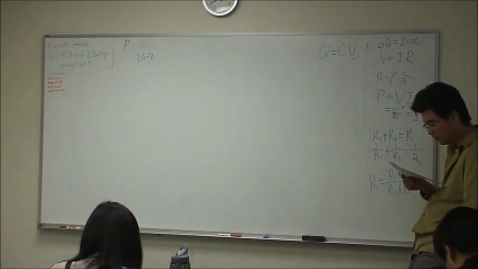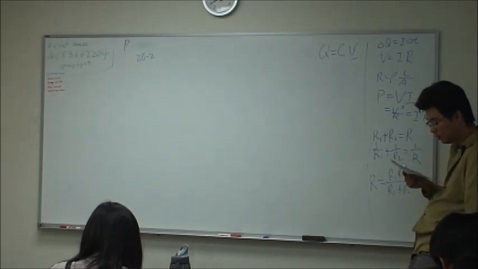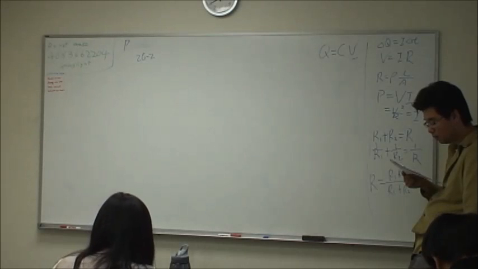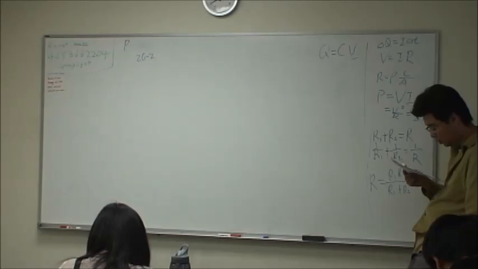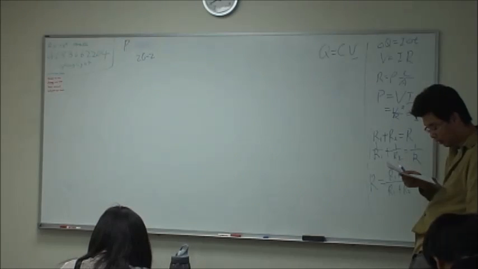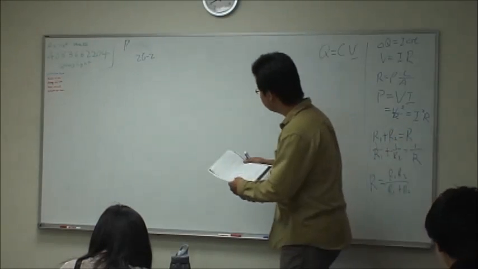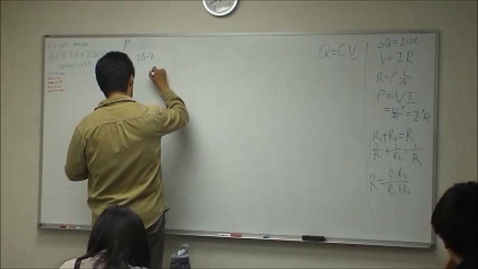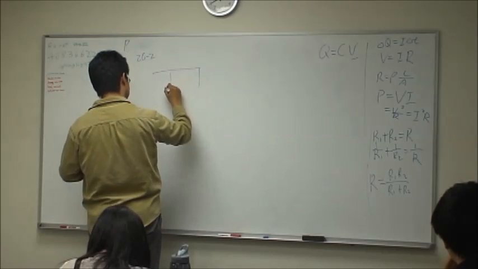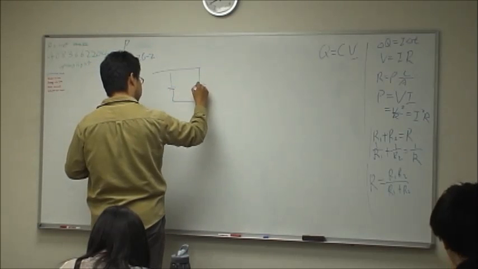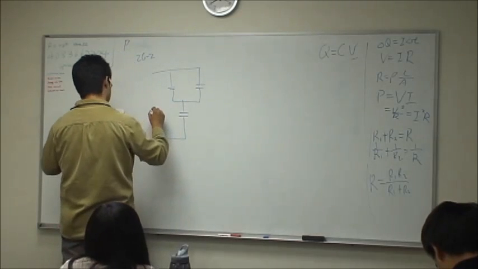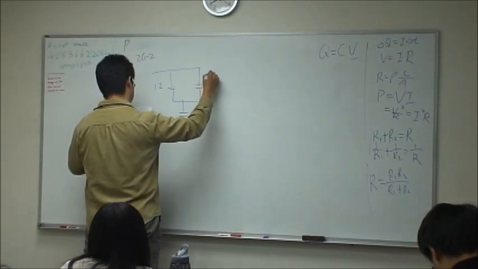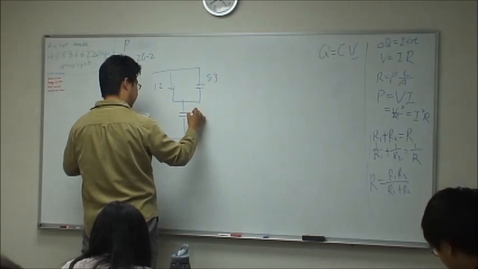Three capacitors, and find the total capacitance. What does it look like for part A? One is 12, one is 5.3, one is 4.5.